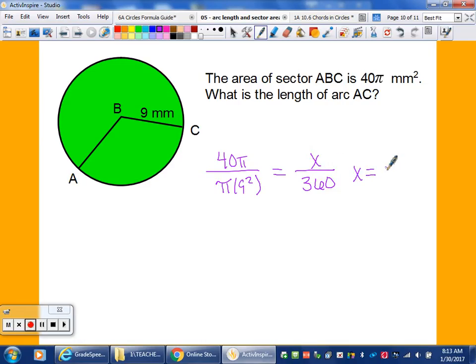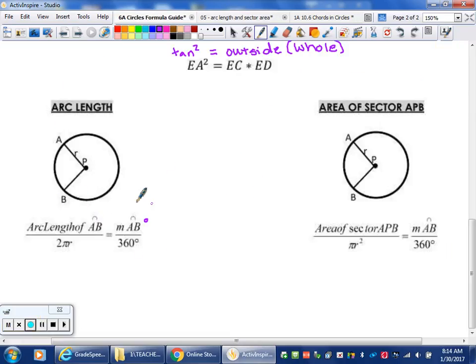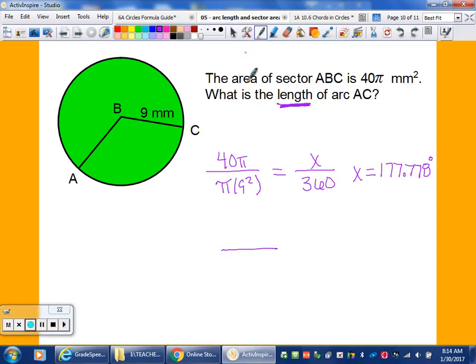Well, didn't we just figure out x was 177.778 degrees? That's going to come in handy because they don't ask for the degree of the arc. They want the length of the arc, which means I have to go back to my formula guide and use the arc length formula now.